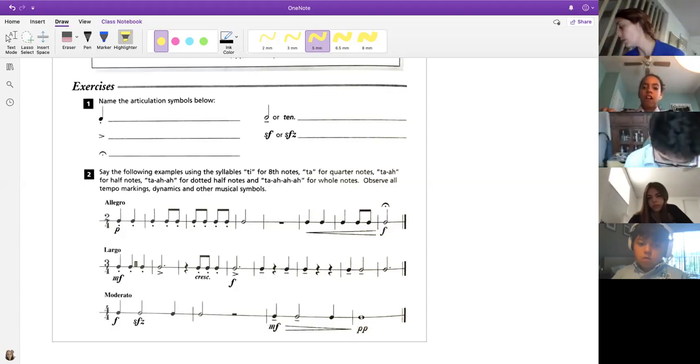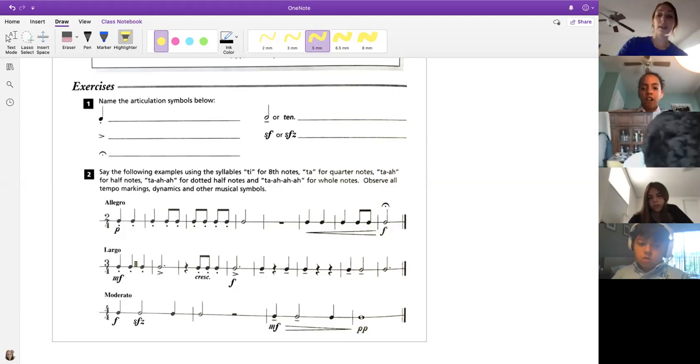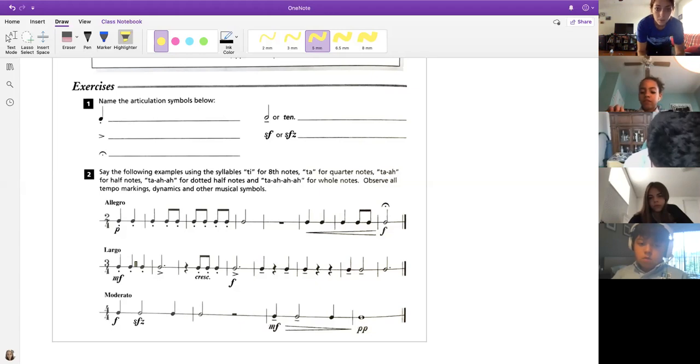All right, so I'm going to show you the difference between legato and staccato. Okay. So for example, if I was playing something legato, now I know that sometimes the audio on these, when you're playing music, kind of cuts in and out, so maybe it's not the best example.